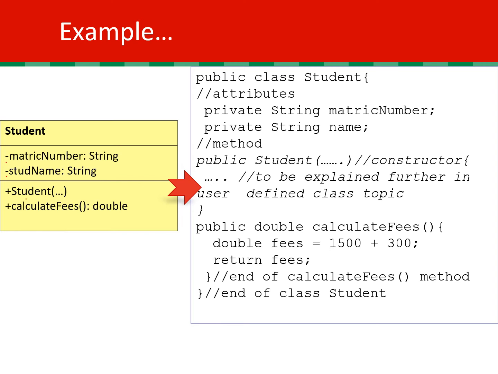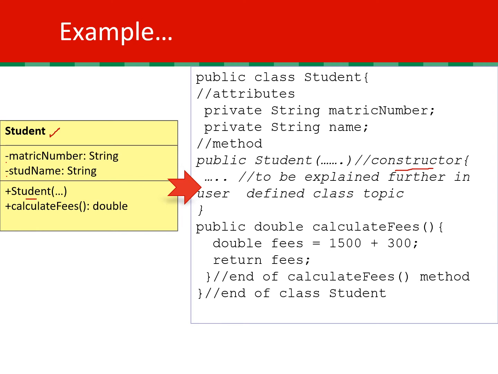This method name is the same as the class, which shows that this is a constructor. A constructor is actually a type of method, but it is used to provide initial values for the variables. For example, in this case we have metric number and student name. Sorry, this is name. Some corrections here.